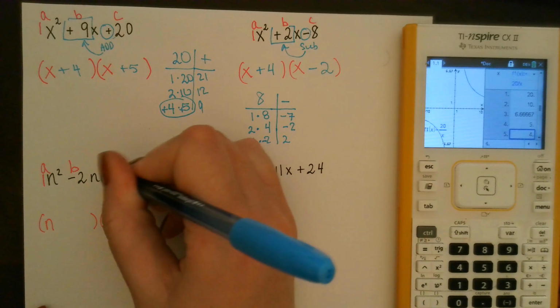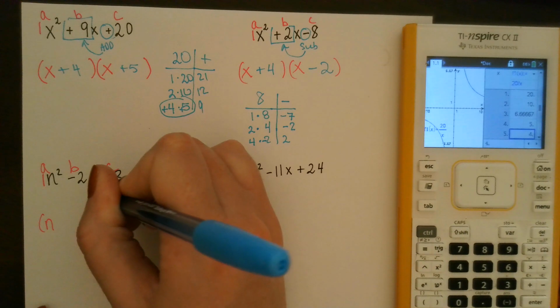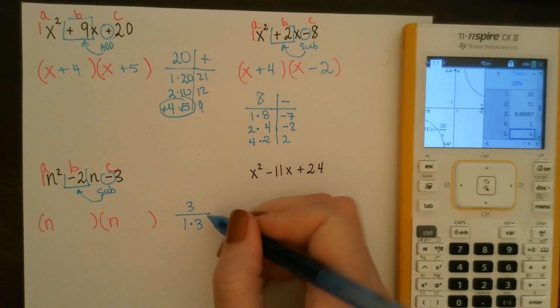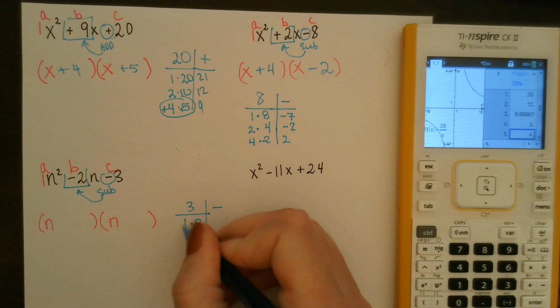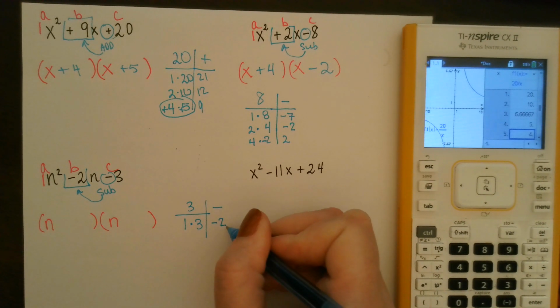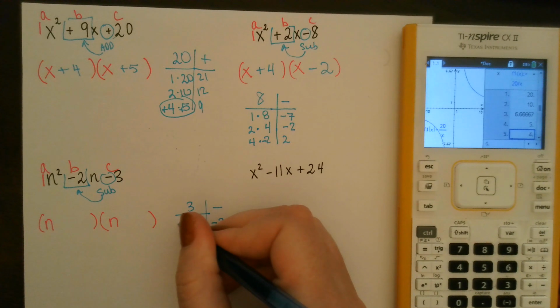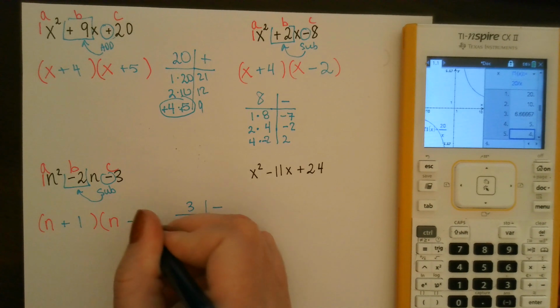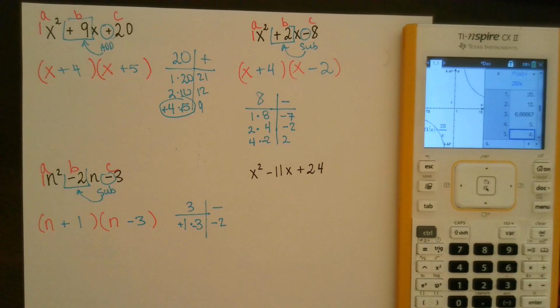Now, this tells us we need to subtract these until we get negative 2. So, I could do 1 minus 3. That's negative 2. And that's what I need. So a positive 1 and a negative 3 are my terms. Those are my factors.